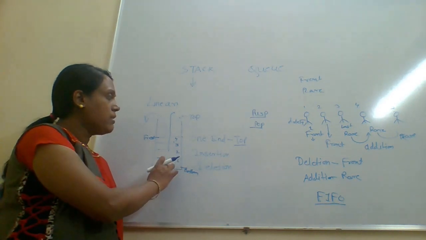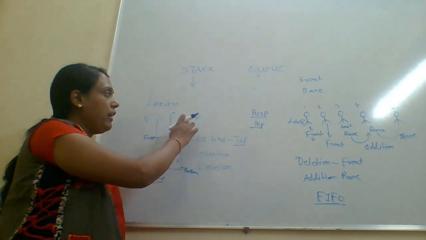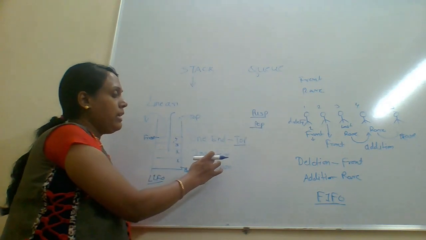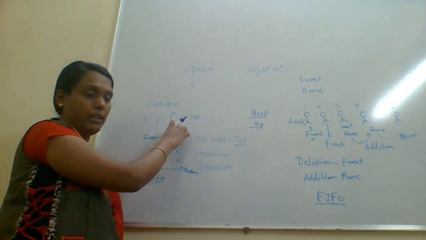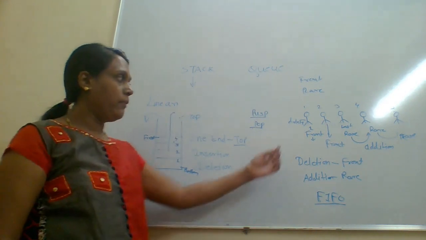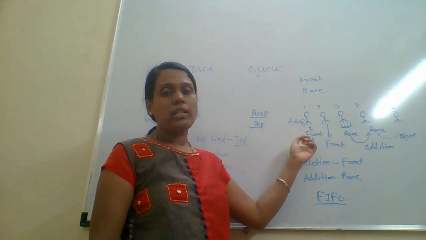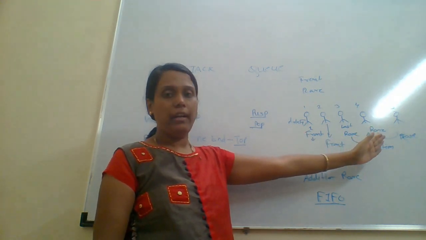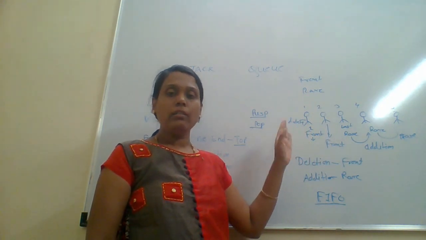In the stack data structure, both operations, push and pop, that is insertion and deletion, take place from only one end, the top end. In the queue data structure, deletion takes place from the front end and addition takes place at the rear end. That is, two different ends are present in a queue.